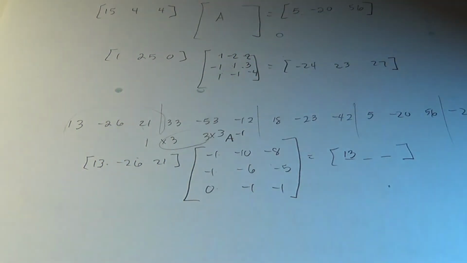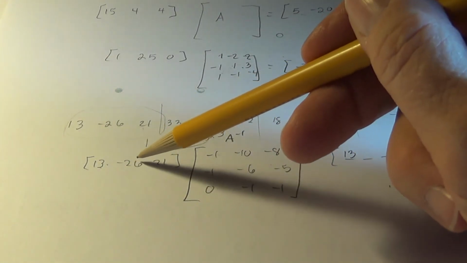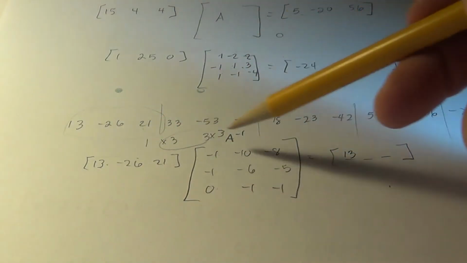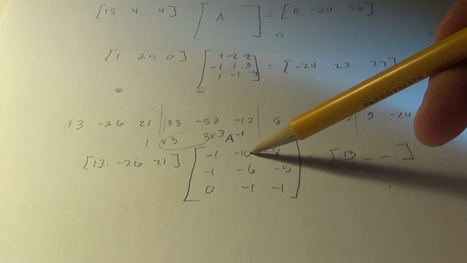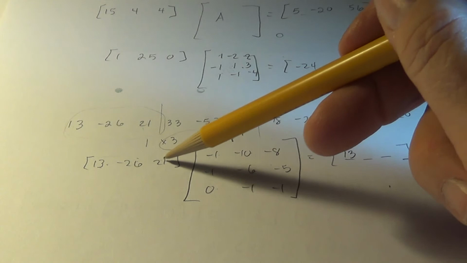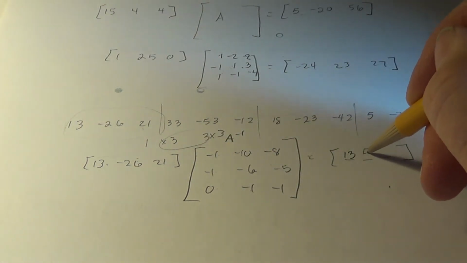Well, it won't always happen that way. Put in -26, and we're going to multiply this one. It's the first row, only 1 row, second column. -26 times -10 plus -26 times -6 plus 21 times -1 actually comes out to be a 5.